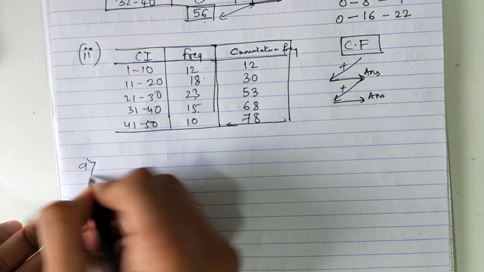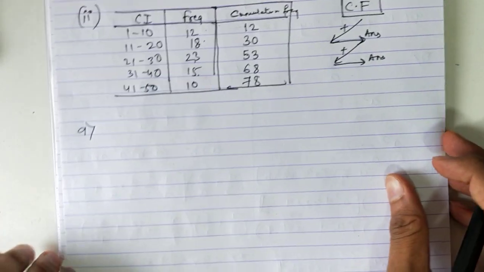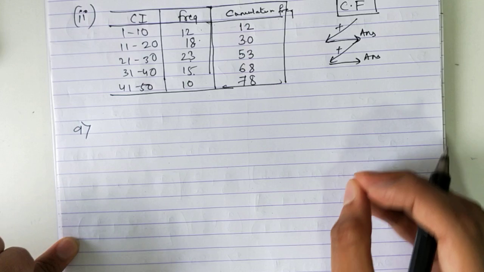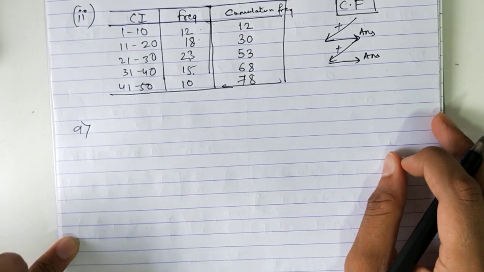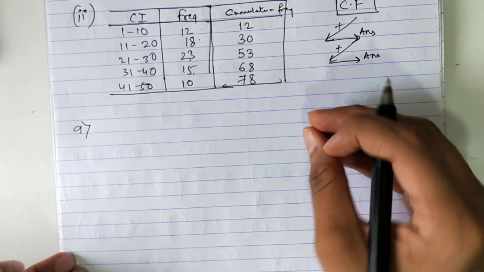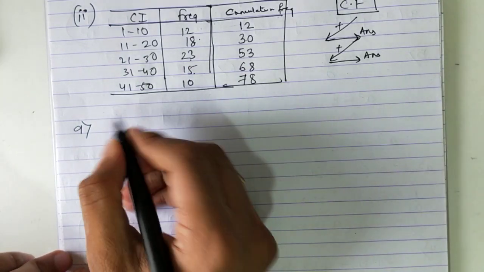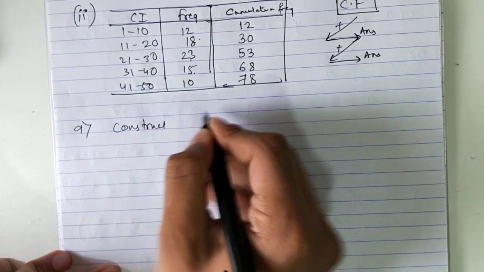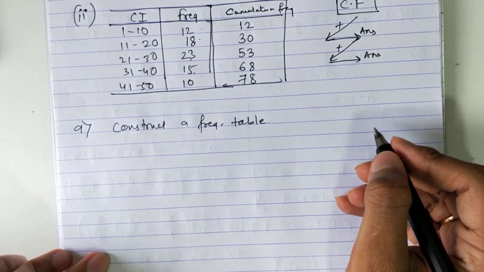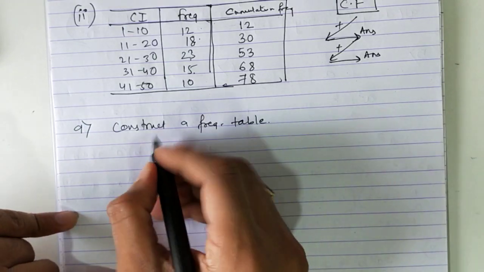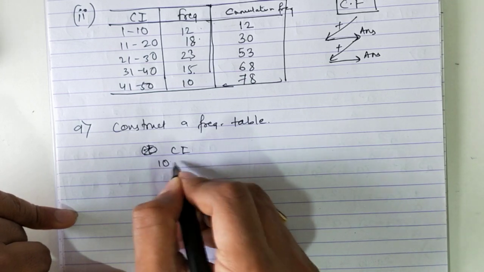Now the ninth sum, where they have already given the cumulative frequency. So read the question for the ninth sum. It is given: construct a frequency distribution table from the following cumulative frequency table. So construct a frequency distribution table means the cumulative frequency is already given. So they are asking us to construct a frequency table. So I'll copy the class interval first.